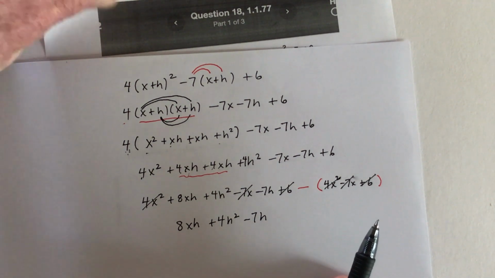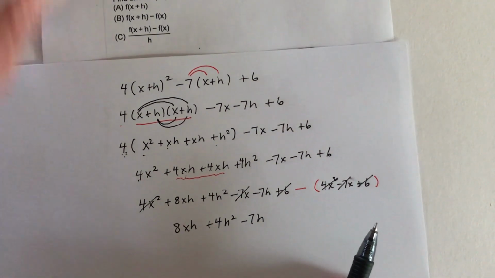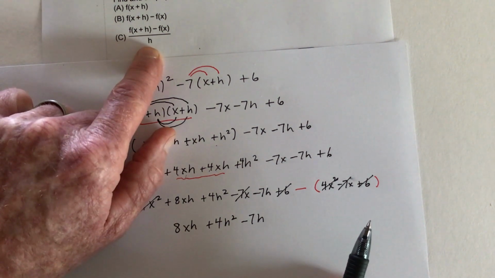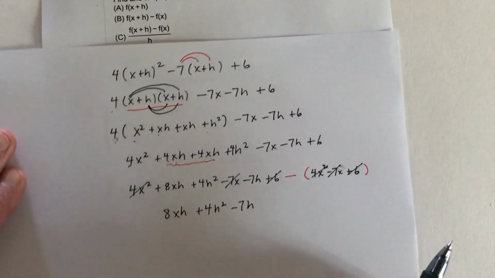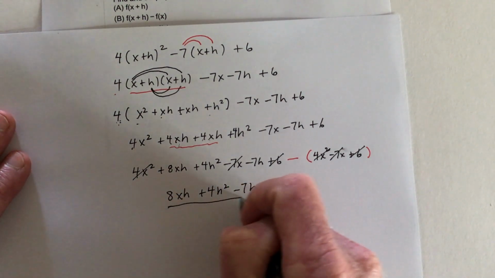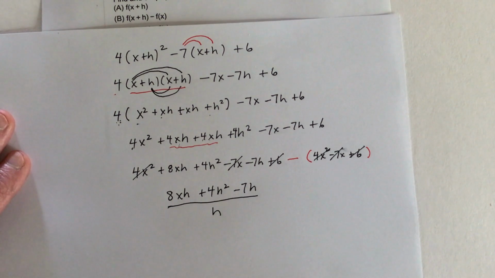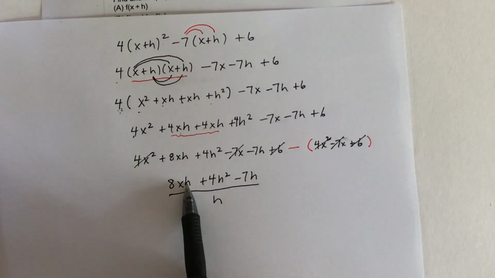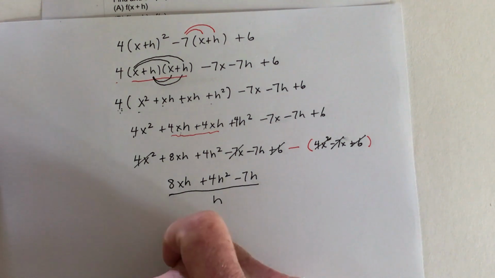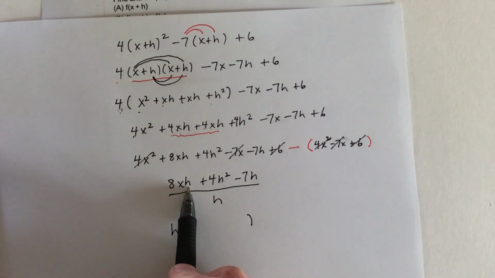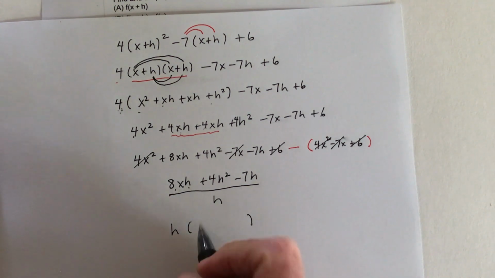And then for the last part of this one, they say, okay, now take the work that you've done on part B and now divide by h. So here's the answer I got for part B. They're saying now divide by h. Well, this has an h, and this has an h, and this has an h. So that means on the top I could factor out an h. This one will be gone, so it's just going to leave 8x.